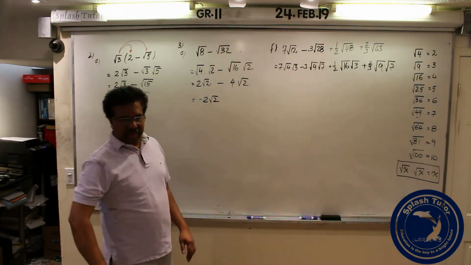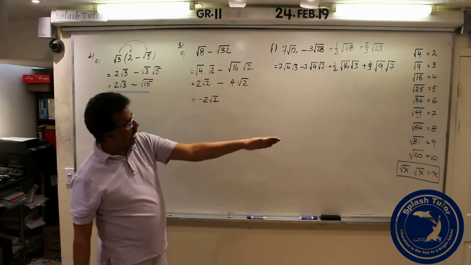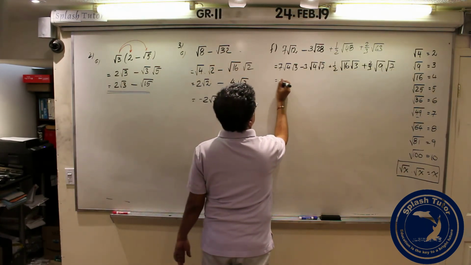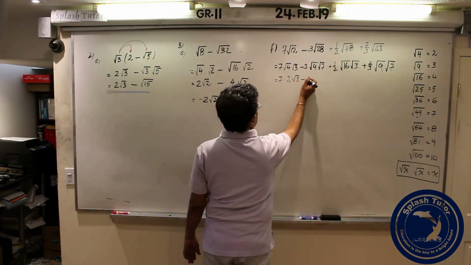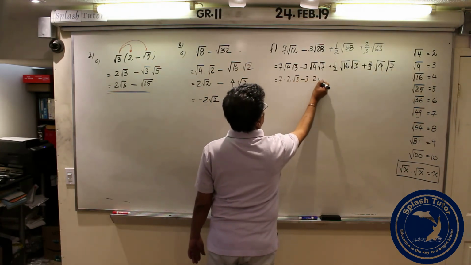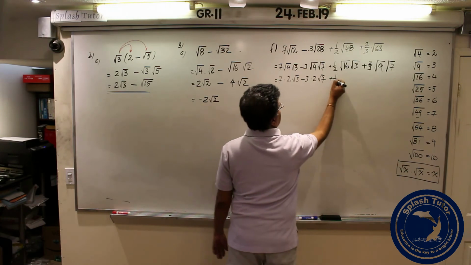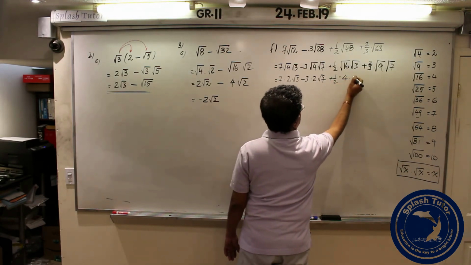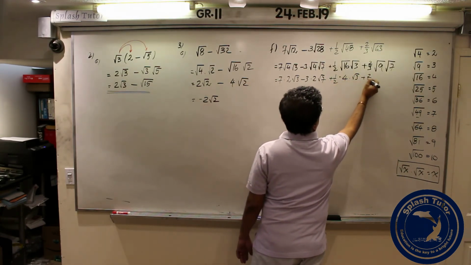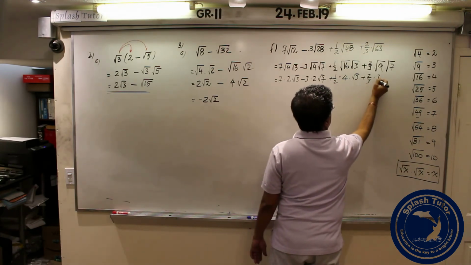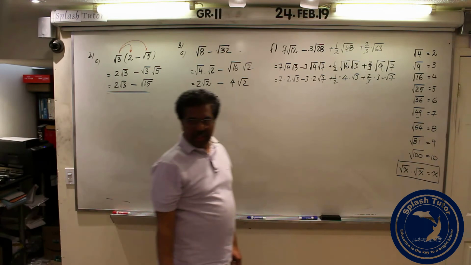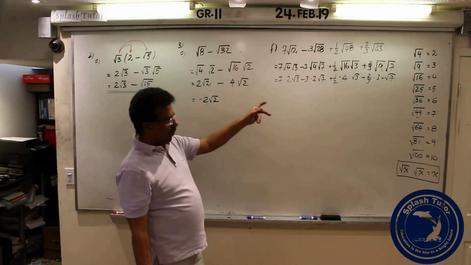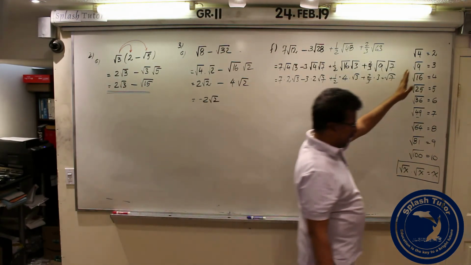Okay, now we can replace everything with that right side number here. That is root 4 is 2, root 16 is 4, root 9 is 3. The numbers that we know, we replace with the right side numbers, right?